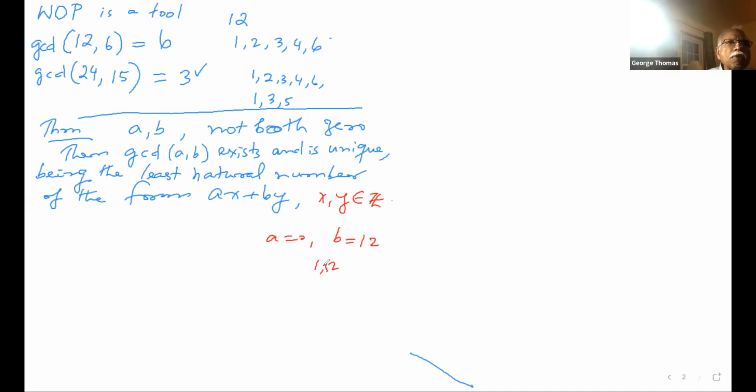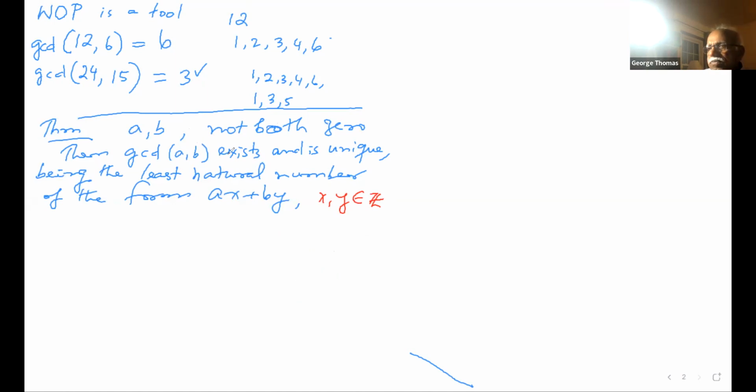All the factors of 12 are common divisors. Therefore, the biggest common divisor is 12. But if both of them were 0, then every natural number is a divisor of both of them, isn't it? So that case is not considered. But if A and B are integers, we are not requiring any one of them to be greater than 0 or anything. Just not both 0.